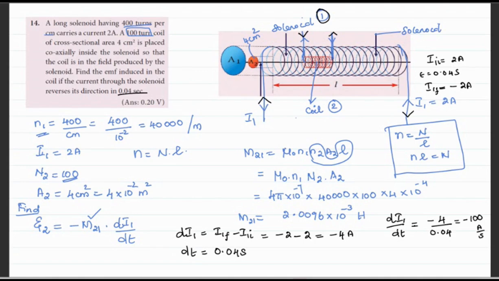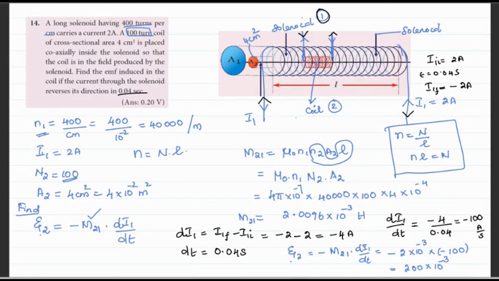Now substitute it in this equation. Epsilon 2 is equal to minus M21 into di1 by dt. M21 is 2 into 10 power minus 3 Henry, into di1 by dt which is minus 100. So minus minus becomes plus, so 200 into 10 power minus 3.